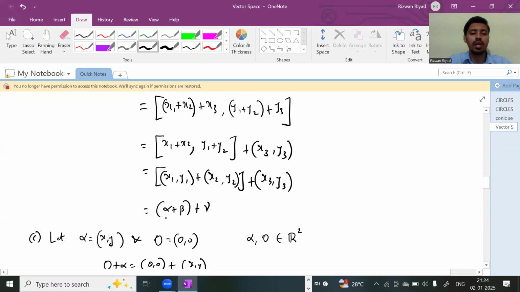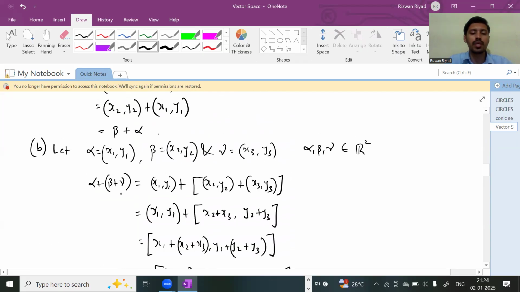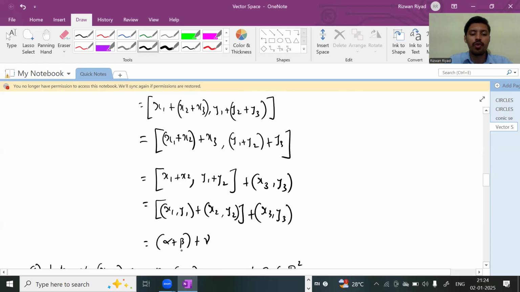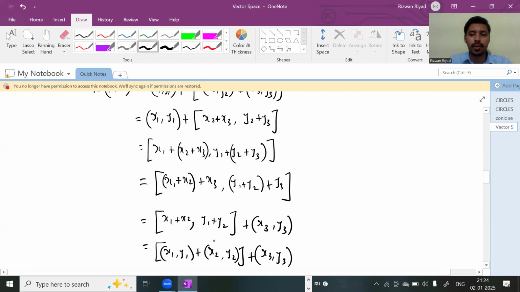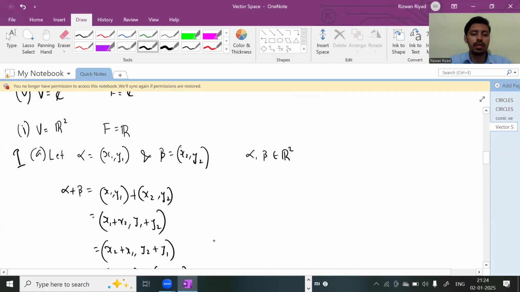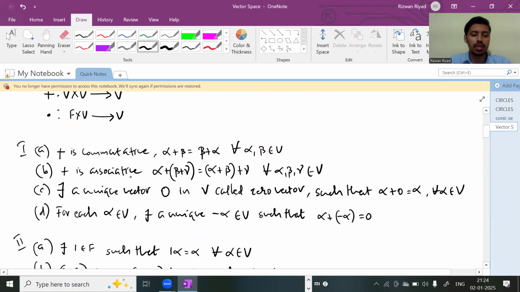So this is nothing but (alpha plus beta) plus gamma. So (alpha plus beta) plus gamma is equal to alpha plus (beta plus gamma). That means the associative property is satisfied here. The second one, associativity, is satisfied here for all alpha, beta, gamma belongs to V. Alpha, beta, gamma are arbitrary elements, so it is applicable for all elements in R square. Our V is R square in this example.